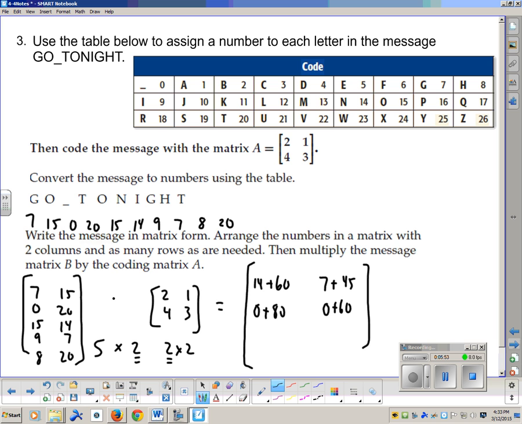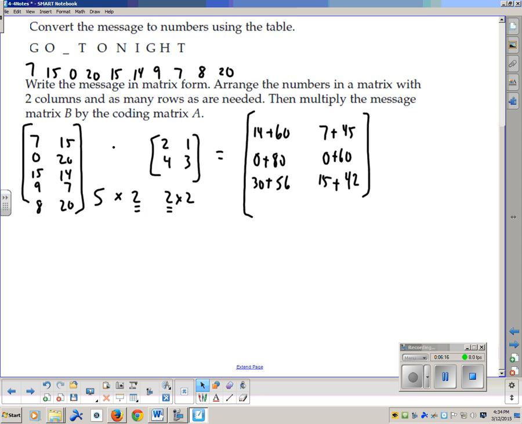Row 3 times column 1 is 30 plus 56. And then row 3, column 2, so I've got 15 plus 14 times 3 there is 42. I'm running out of a little space here, let me extend this down a little bit. There. Now I'm on row 4, column 1.